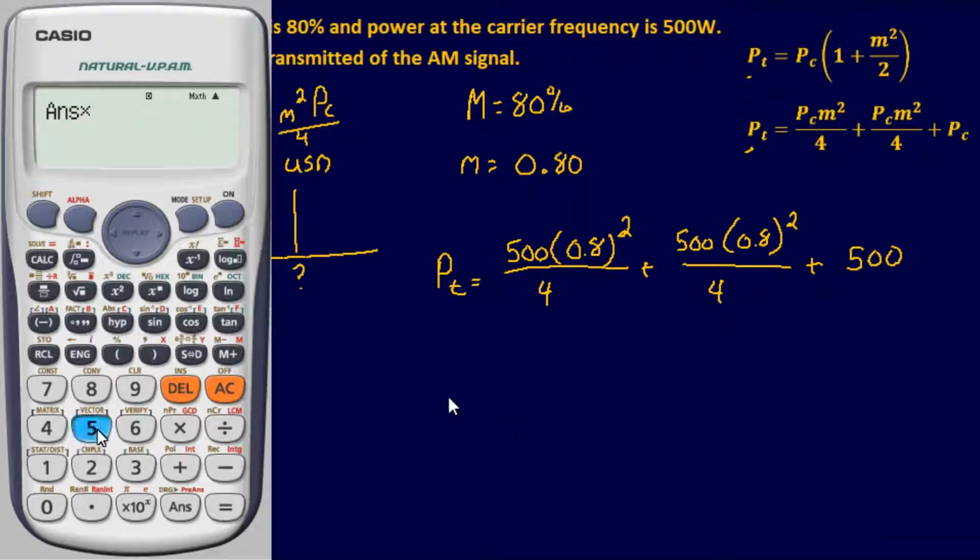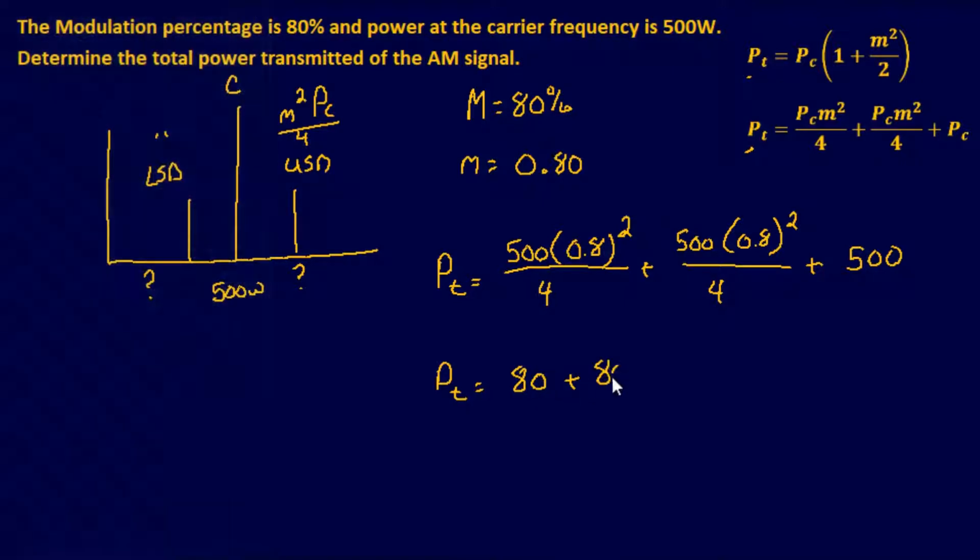So if we plug this in our calculator, P of T equals 80 plus 80 plus 500. And that'll give us a final answer of 660 watts. Okay, that was pretty simple. And that was using that equation.